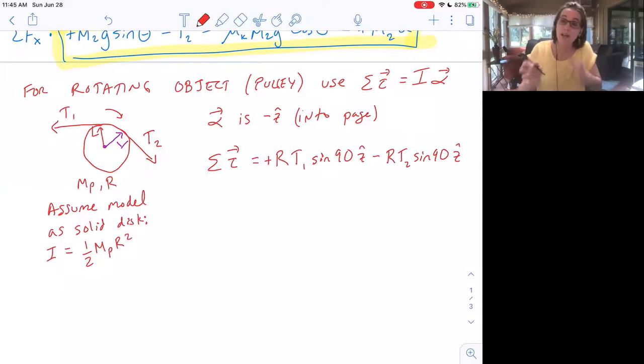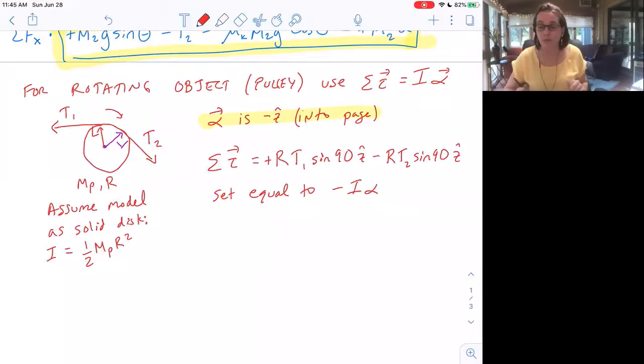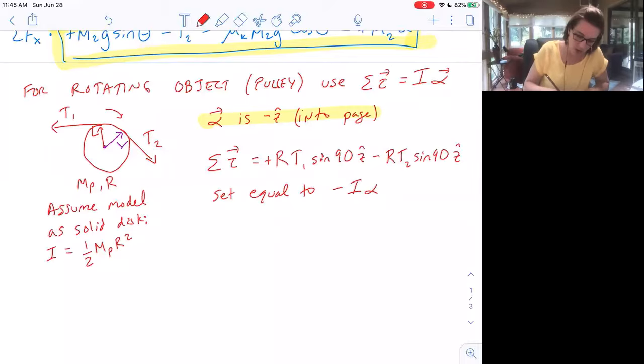So that's going to be my left-hand side of our Newton's second law of rotation. And then I'm going to set it equal to minus I alpha, because alpha is into the page. So then I'm going to end up with my equation of motion, and I'm going to write it down here because I'm also going to take into account the moment of inertia.